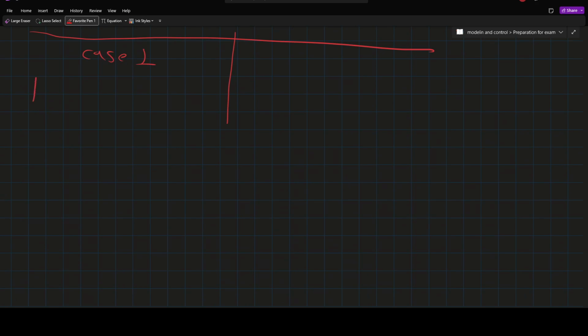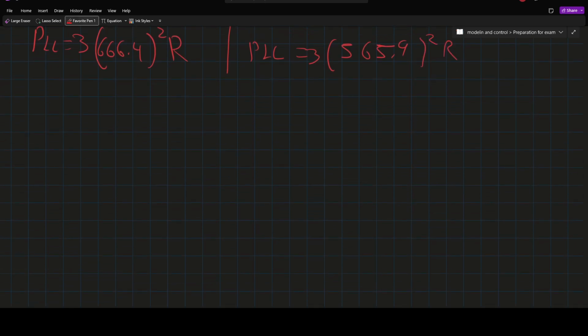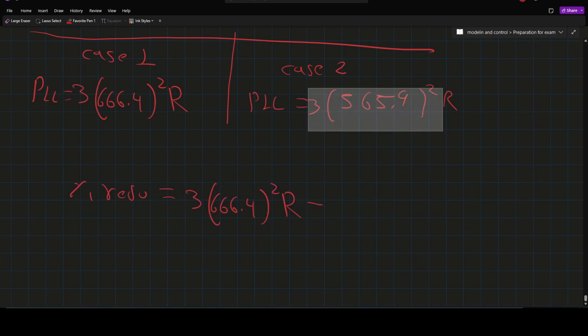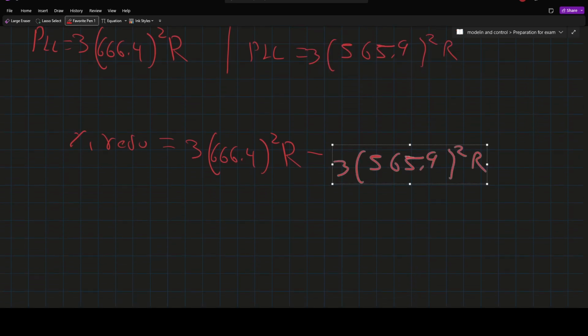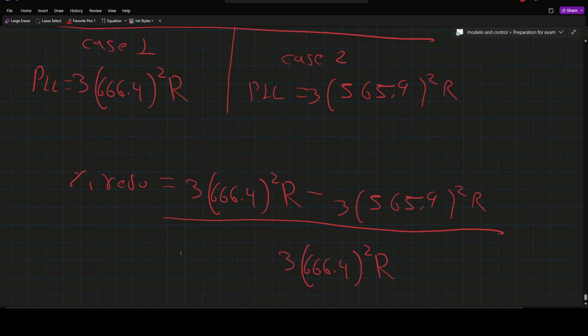So according to the exercise, the power loss is equal to 3 times the apparent current squared times R. And for our case 2, that gives us 3 times 565.9 squared R. So if we calculate the percentage reduction, it's going to be this minus this over this, times 100.